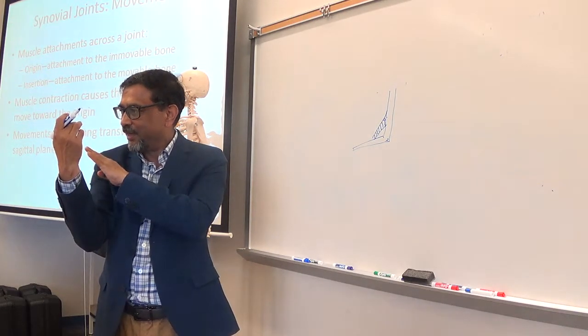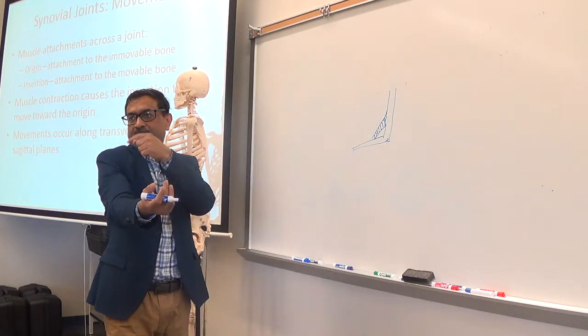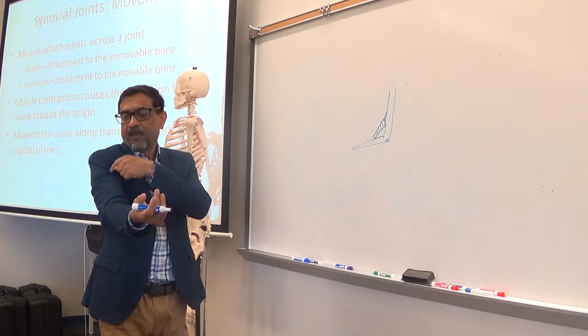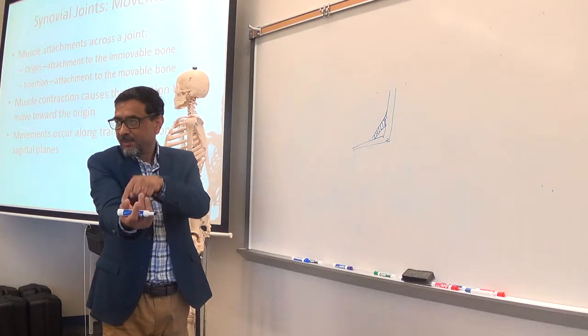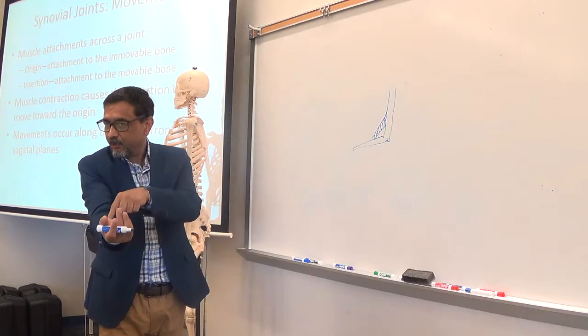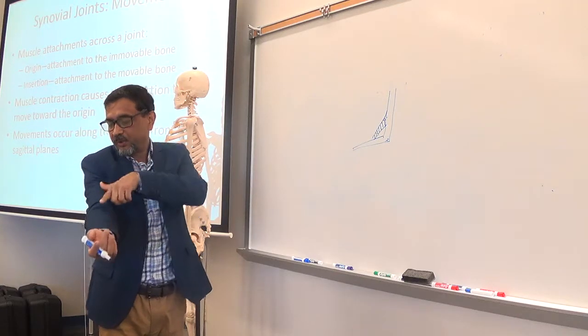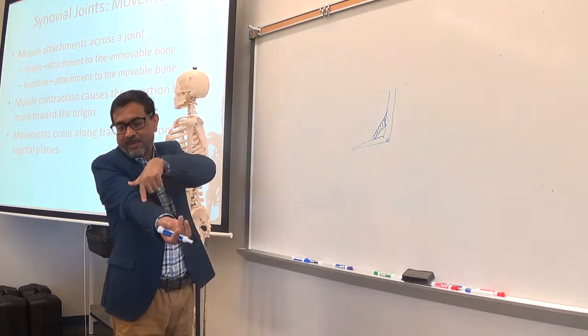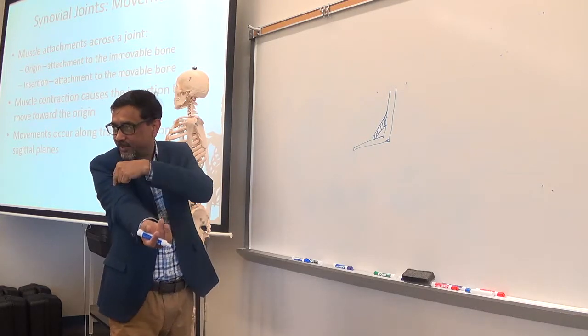Is it clear? So, the end of the muscle in the fixed bone is called the origin, and the end at the bone that is moving, that is called the insertion. So this is the muscle, look at me. So this end is what? Origin, because this is attached to the fixed bone, right?